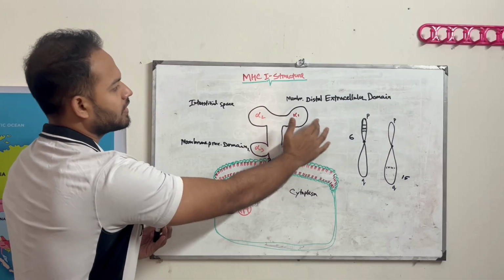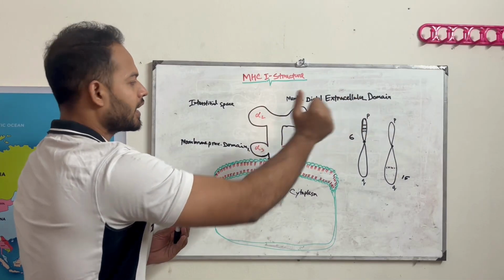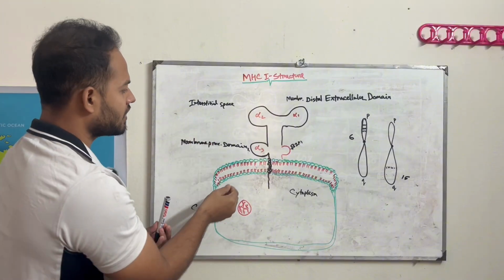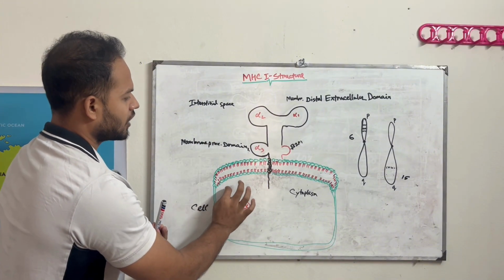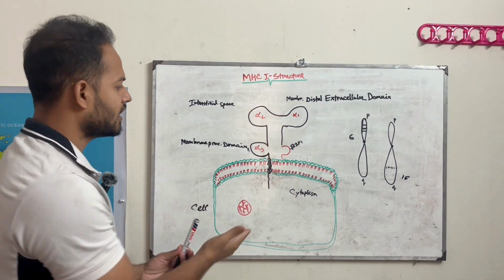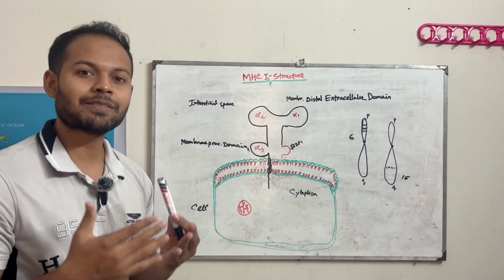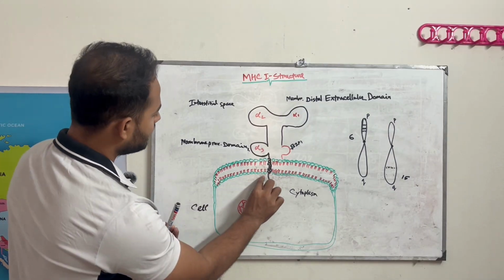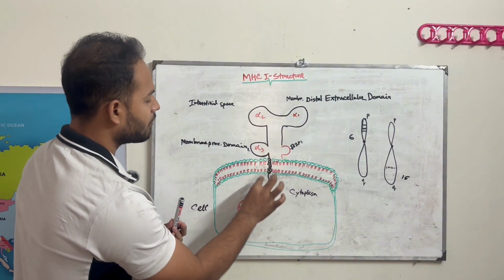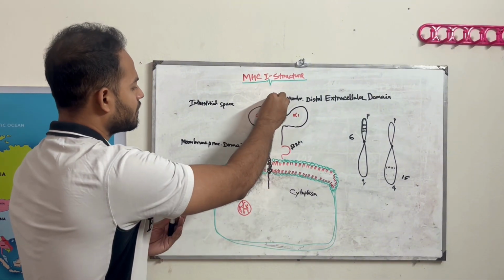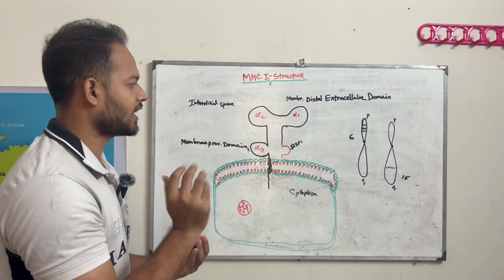This part is known as the membrane distal extracellular domain and this part is known as the membrane proximal domain, because it's near the cytoplasmic membrane of our cell, and this part is the transmembrane domain. That means it's a membrane spanning molecule, and here is the short cytoplasmic tail, which mainly conveys the message from outside the cell to inside the cell.